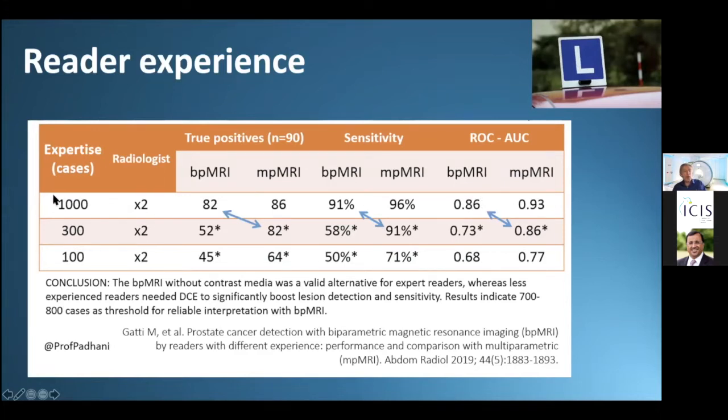So you need a lot more cases, a lot higher expertise to be able to have the same area under the curve. Furthermore, if you continue to use multi-parametric MRI, you can see that your final area under the curve is higher as compared to when you do not use contrast. So experience matters.